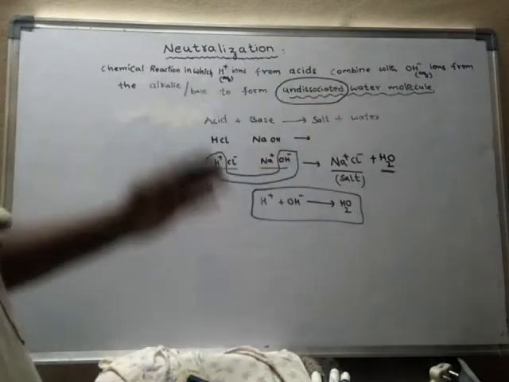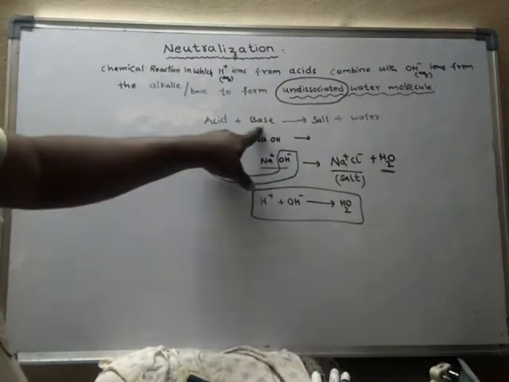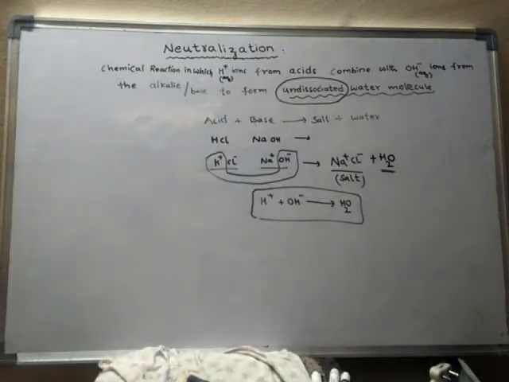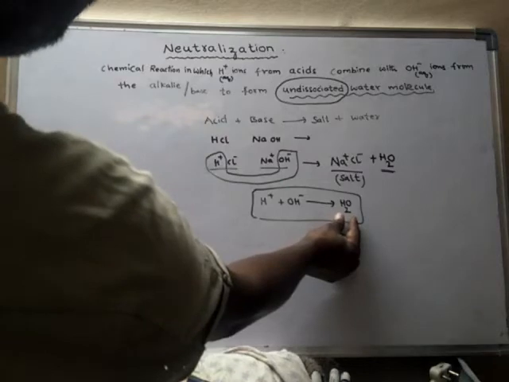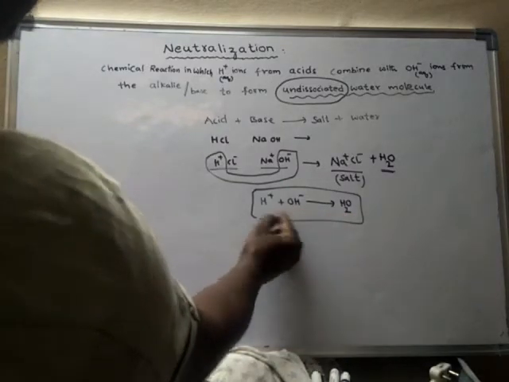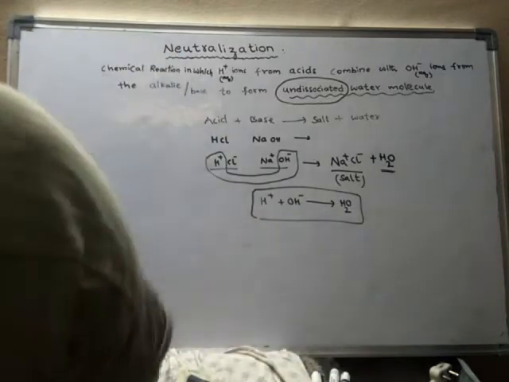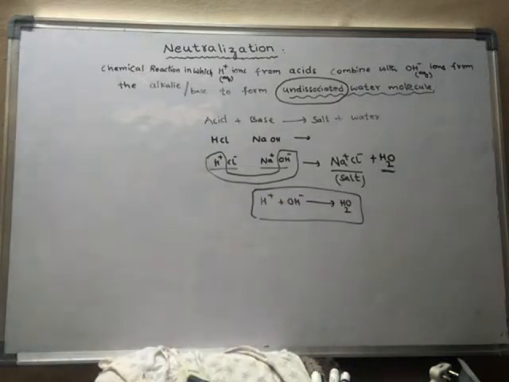H plus ion from acid and OH minus ion from base combine to form undissociated water molecule, and this process is said to be neutralization reaction. So it is a chemical reaction. Like this, the neutralization reaction can be defined.